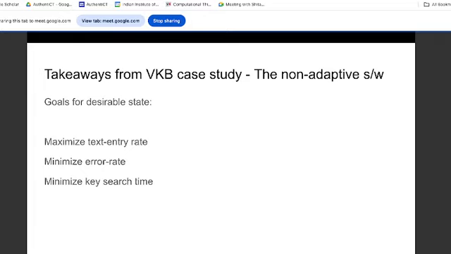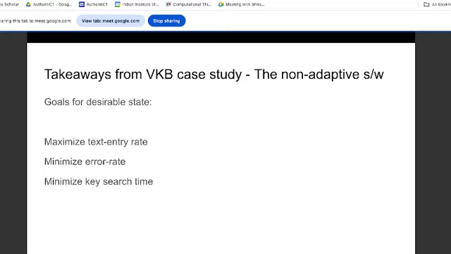So the goals for this desirable state were, initially we learned these: maximum learnability, satisfaction, low error. Now here, in the context of the virtual keyboard, what the user tries to do is enter text, avoid errors, and finish faster, typing fast.